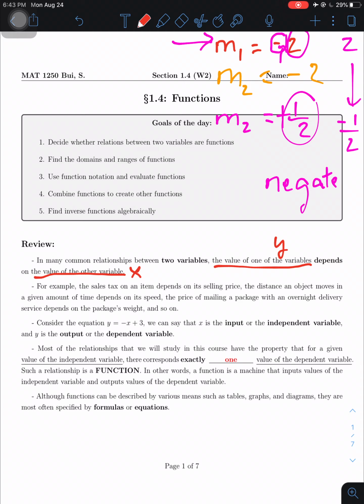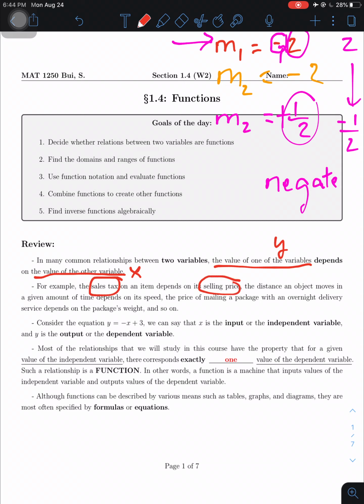Okay, real life example. For example, the sales tax on an item depends on the selling price, right? So this in here, sales tax. Okay, my pen is back. The sales tax in here depends on the selling price.